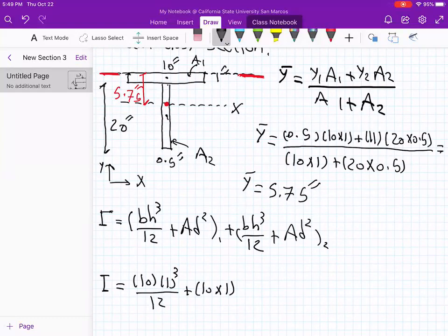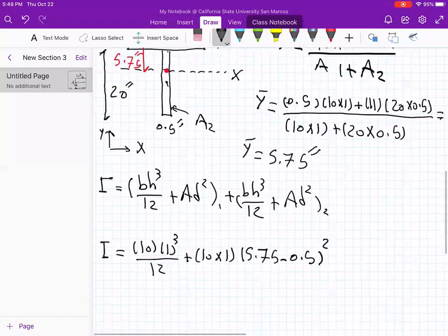So we need to find this distance. That would be 5.75 minus half an inch. This red one is the distance of the shape, and this one is the distance of the area of one. So the difference is 5.75 minus 0.5.